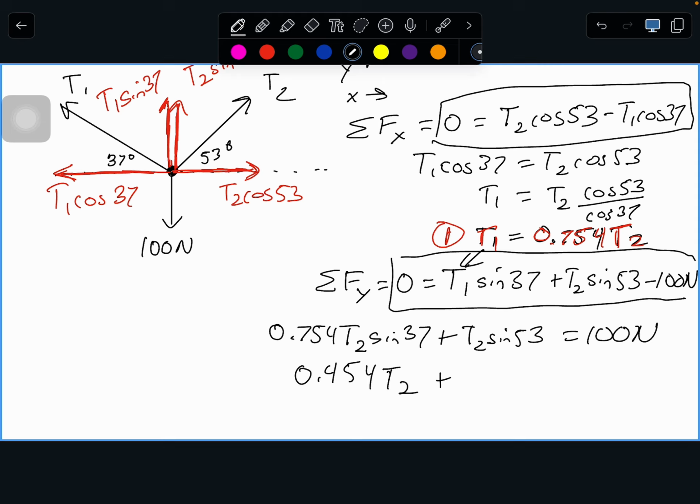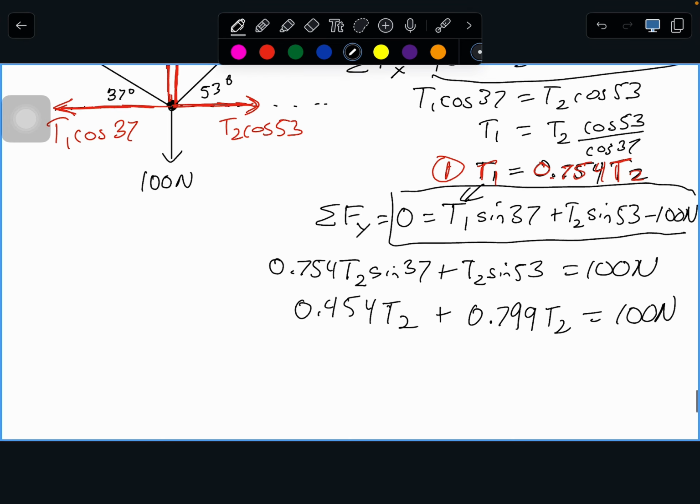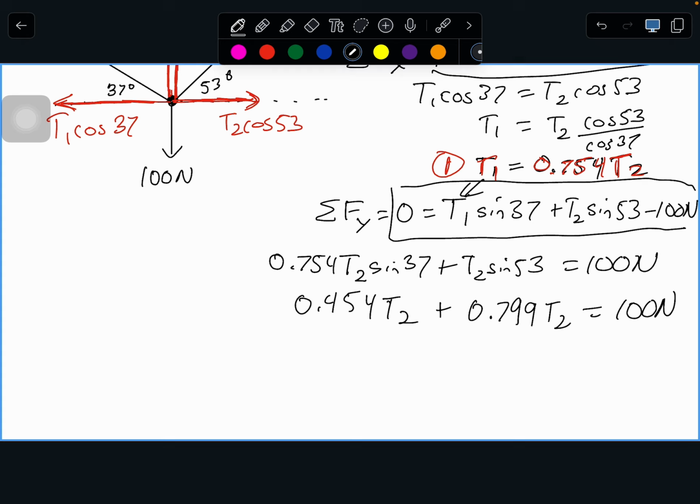And this one here is 53 sine, plus 0.799 T2 equals 100 newtons. Plus 0.454 equals 1.25 T2 equals 100 newtons. And T2 equals 79.8 newtons.